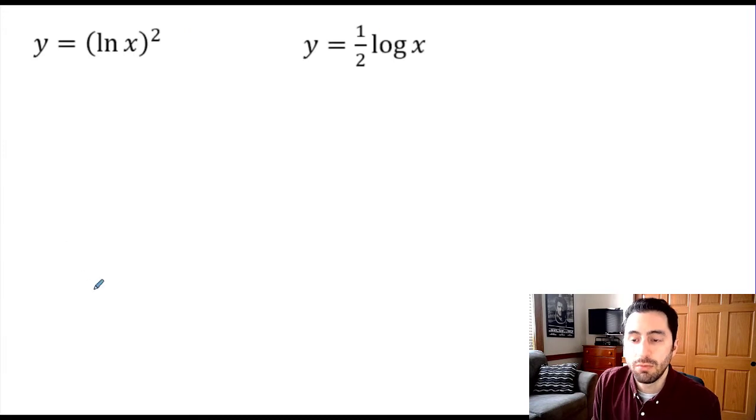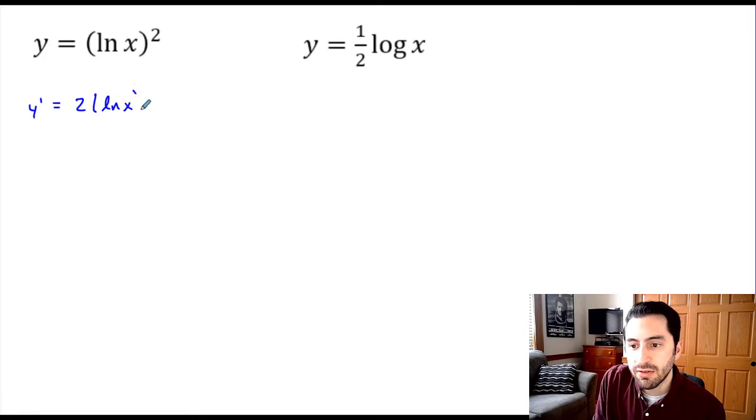For the first example, I have y is equal to the natural log of x, and that is squared. So we can use our new rule for natural log to find the derivative, but I am also going to need to use the chain rule here because this is expressed as a composite function. So y prime, following our chain rule, the 2 is going to come down out front, and then we're going to multiply this by the natural log of x.